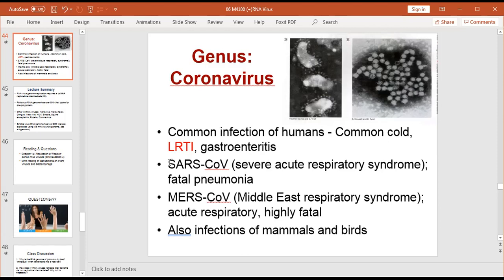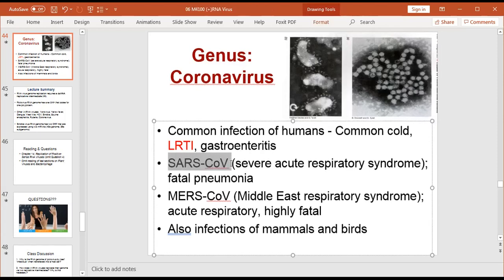And we also have in this genus SARS-CoV. SARS stands for severe acute respiratory syndrome. It causes fatal pneumonia. We have MERS also, MERS-CoV.